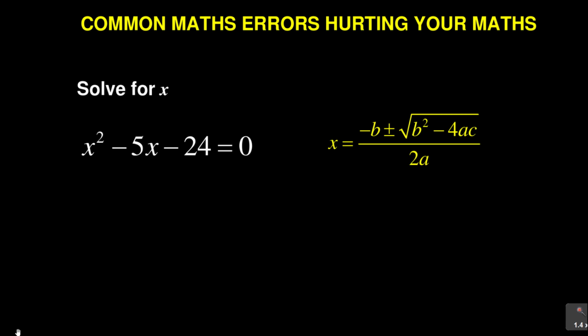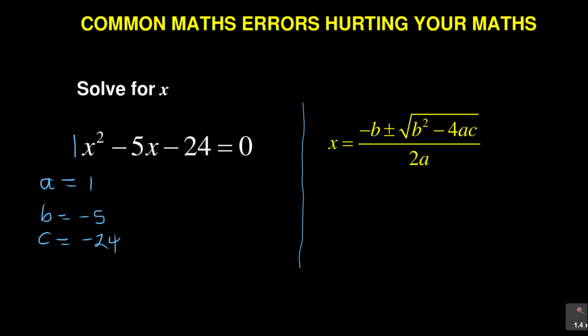This is a quadratic equation, and students are supposed to solve here for x. It's not a problem for them to identify that my a is 1, my b is -5, and my c is -24. Then comes the substitution into the formula.